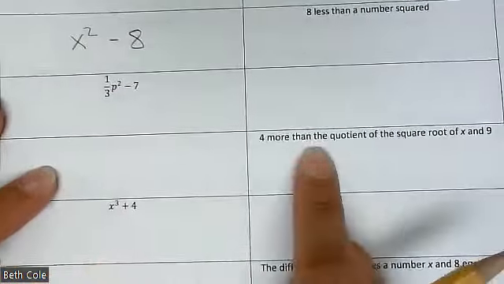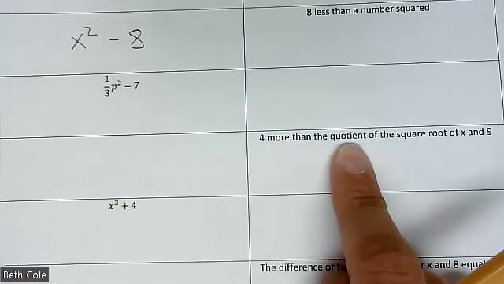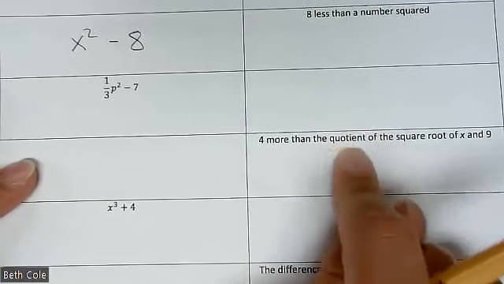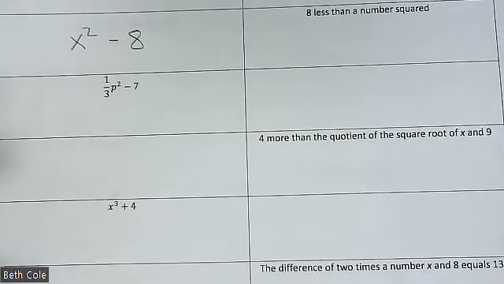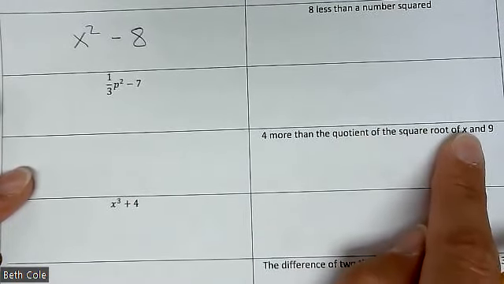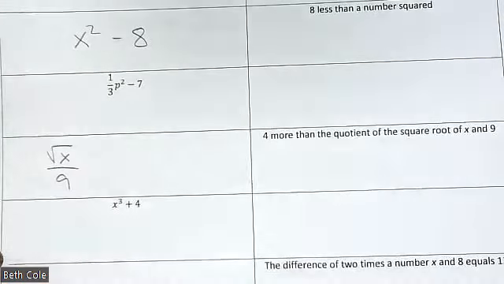So go down to the next blank. 4 more than, so we're going to have something plus 4. The quotient. Ooh, what did quotient mean? Dividing. Okay, so you can either put that little division symbol or you can just put a fraction bar, which is usually what I'll put. Quotient of square root of x and 9. So the way that's going to look is like that.